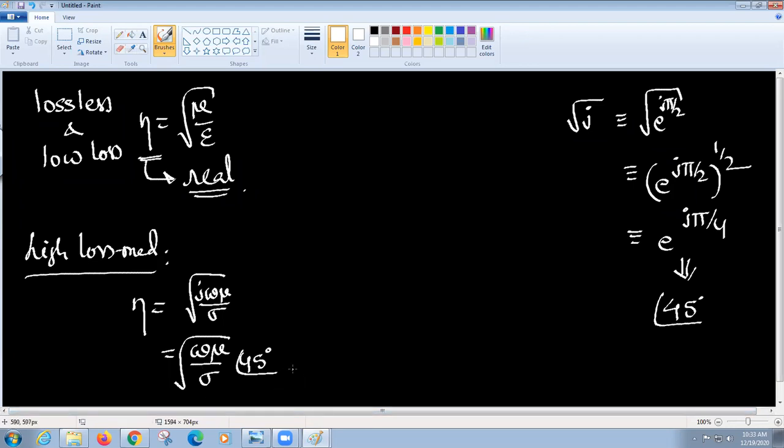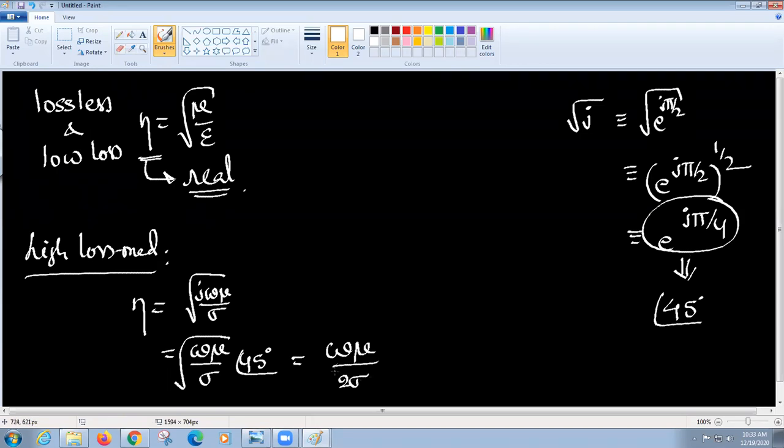Now, what is the meaning of this? The meaning is that intrinsic impedance in a high loss medium is not real. It's complex. So what is cos 45? Cos 45 plus j sin 45. Cos 45 is 1 over root 2.